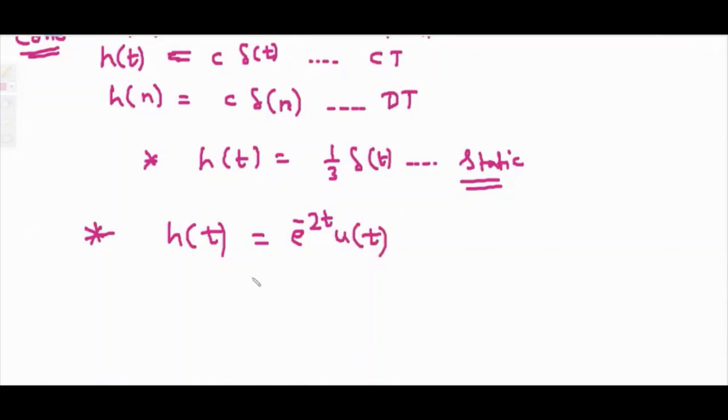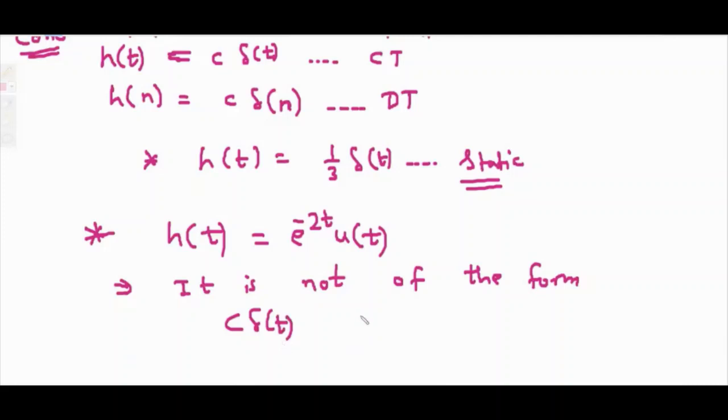It is not of the form c into delta t, therefore it is a dynamic system. If it is of the form c into delta t, then static. If it is not of the form c into delta t, then dynamic. So this is how you can explain whether the system is static or dynamic.